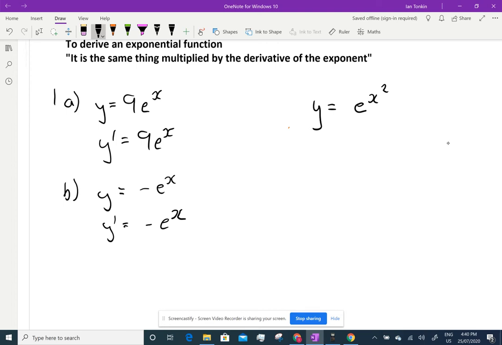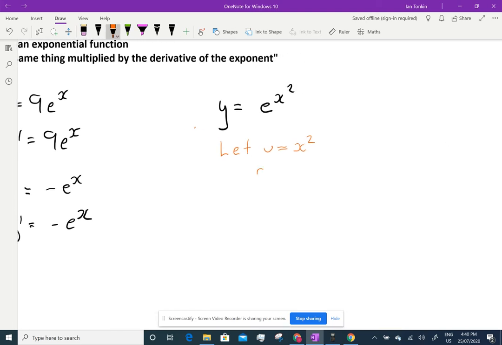Well, I'm going to let u equal x squared. Therefore, du dx, the derivative of that, is 2x. But it also means I can write y equals e to the u, and dy du equals e to the u.